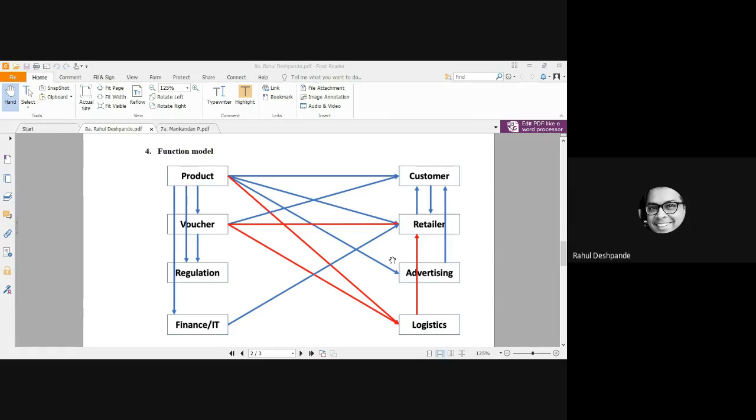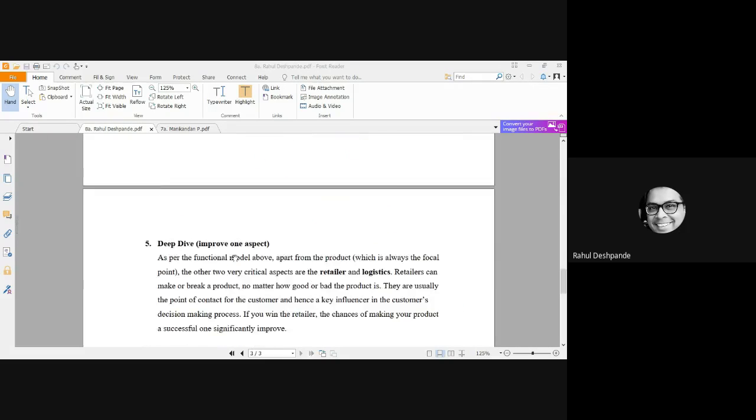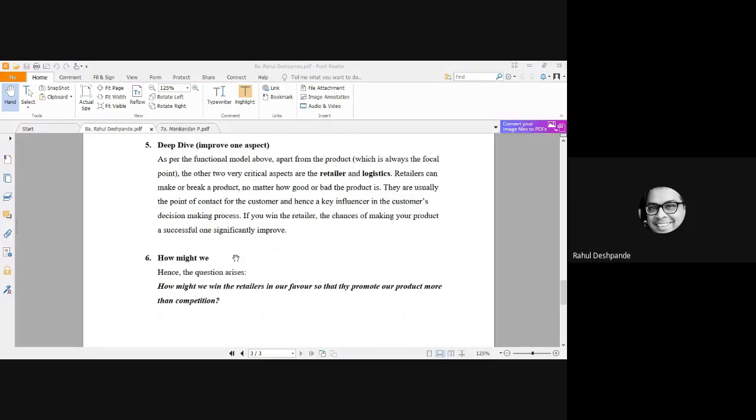I realize now that if we had focused on the retailers in terms of our product launches and our product promotions, that would have really helped us at that point in time, and probably we would have had more product success then. So the deep dive, as I mentioned, was two critical elements: the retailer and the logistics part of it.